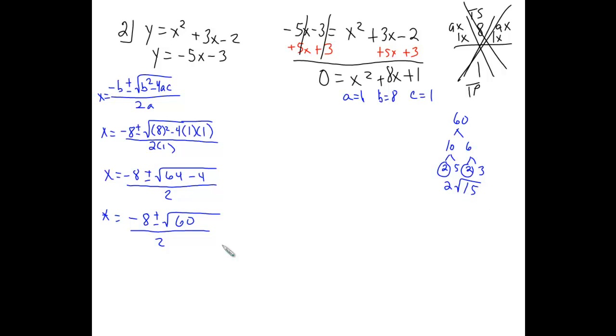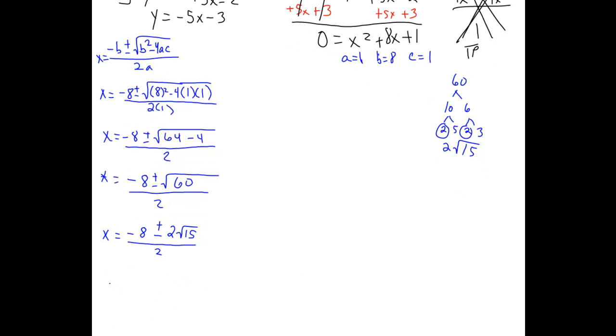So that's 2 times the square root of 15. So we have x equals negative 8 plus or minus 2 times the square root of 15, all divided by 2. Now notice that there are 3 terms that are divisible by 2, so I can reduce this further. X equals negative 4 plus or minus the square root of 15.